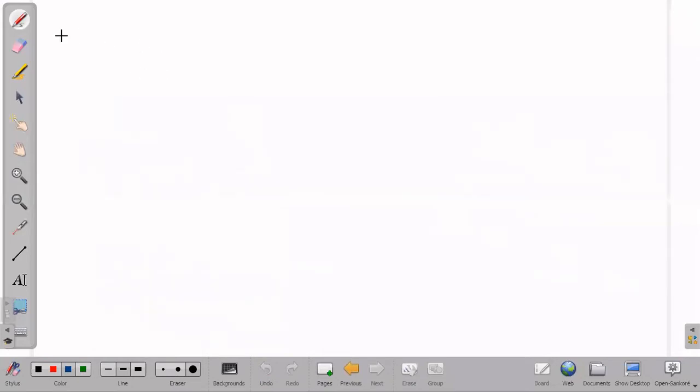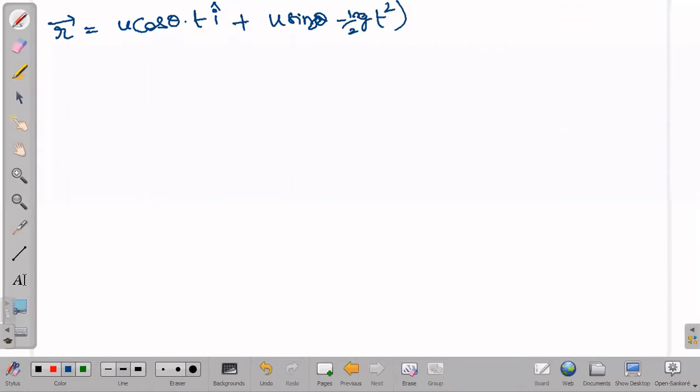So that is r bar is equal to u cos theta into t into i cap, next plus u sin theta into t minus half g t square into j cap, right?